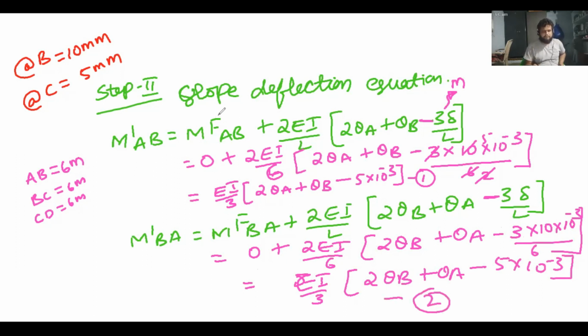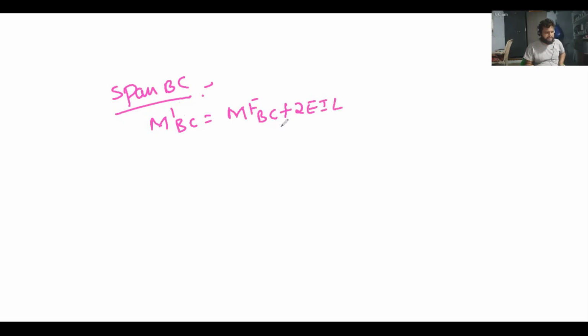Next we'll go for span BC. In the span BC, M dash BC equals MF BC plus 2EI by L into 2 theta B plus theta C minus 3 delta by L. Now this minus should be replaced with what?